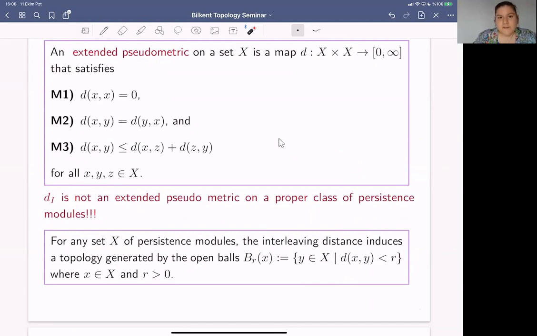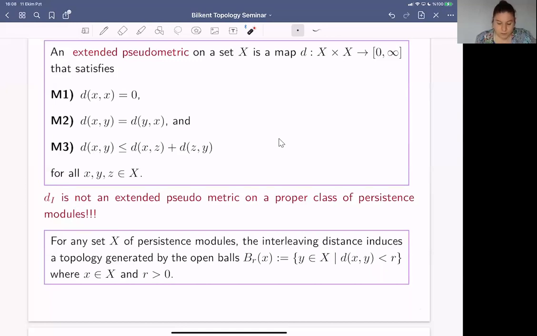So this is the definition of extended pseudometric, and the interleaving distance satisfies all the requirements to be an extended pseudometric if we can find some sets which are proper subsets of the class of persistence modules. If this is a pseudometric, then the open balls will generate a topological space.